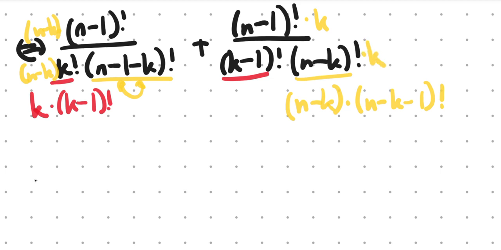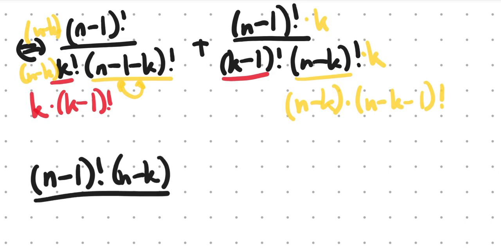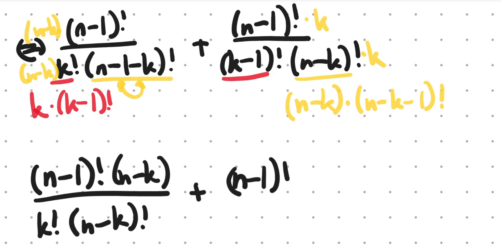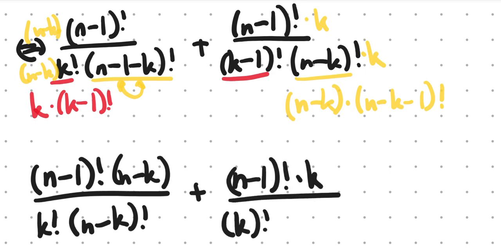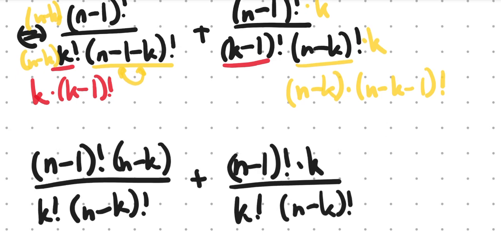So what we get is n minus 1 factorial times n minus k divided by k factorial times n minus 1 minus k factorial times n minus k, which is equal to n minus k factorial, plus n minus 1 factorial times k divided by k factorial. We don't need any parentheses, since k times k minus 1 factorial is equal to k factorial, and n minus k factorial, as it was already in the previous one.